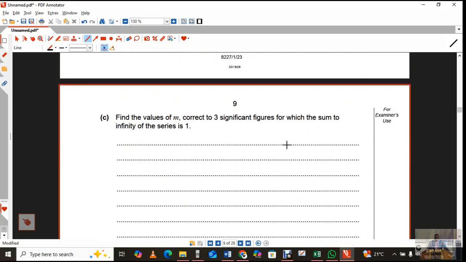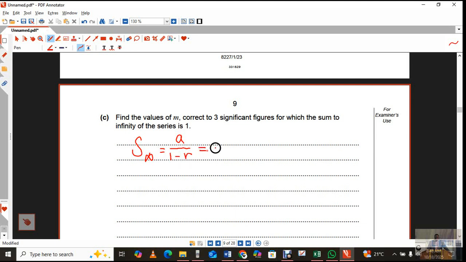Good. Then there's a C part to the question. Find the values of m correct to 3 significant figures for which the sum to infinity is equal to -1. The sum to infinity, which is always a over 1 minus r.